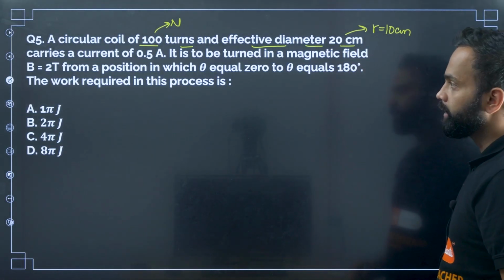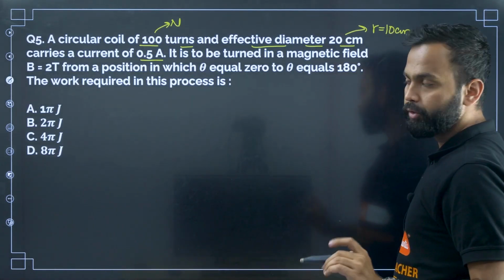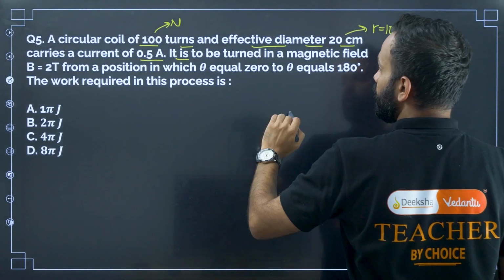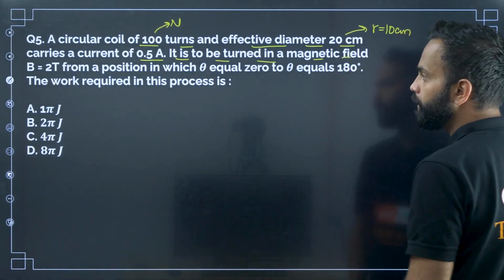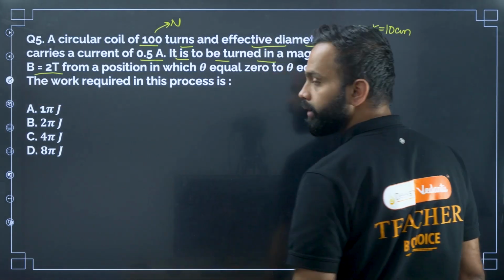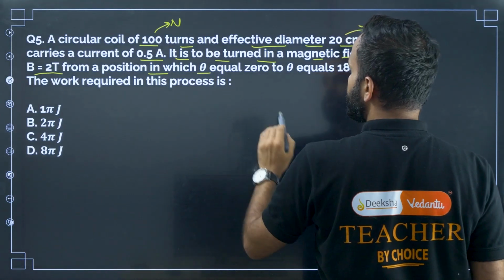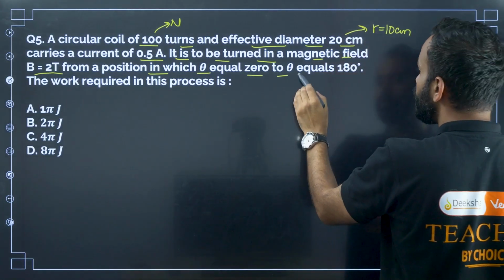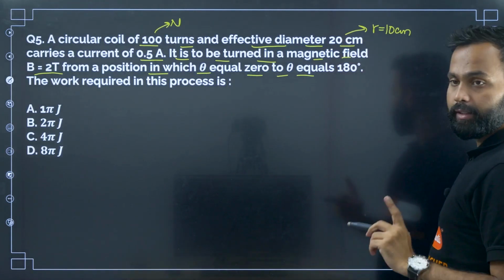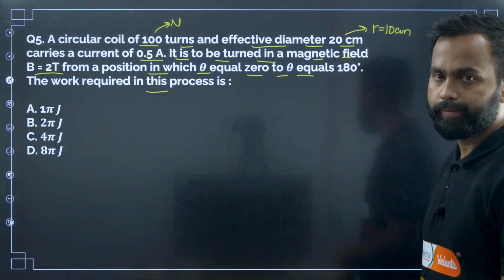It carries a current of 0.5 ampere, the value of I equal to 0.5 ampere. It is to be turned in a magnetic field B equal to 2 Tesla from the position theta equal to 0 to theta equals 180 degree. The work required in this process.